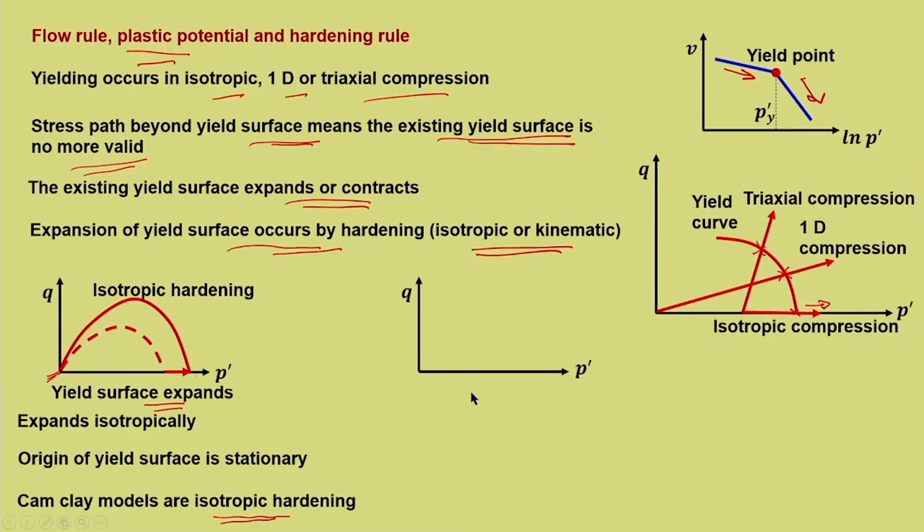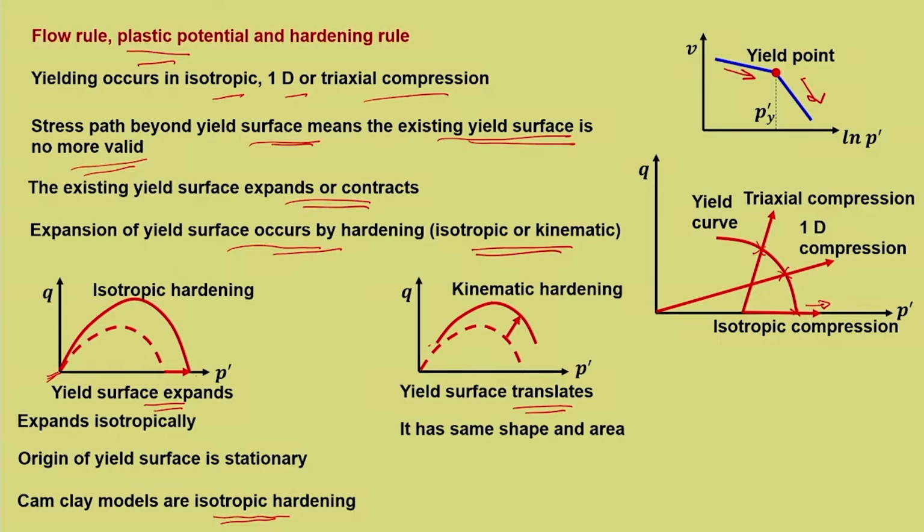Now, what is meant by kinematic hardening? This is the initial yield curve, and in kinematic hardening what happens is the whole of the yield curve gets shifted. You can see that it no longer follows the initial origin, it is getting translated from its earlier position. So, that is what is meant by kinematic hardening, that is, the yield surface translates from this particular location to that particular location.